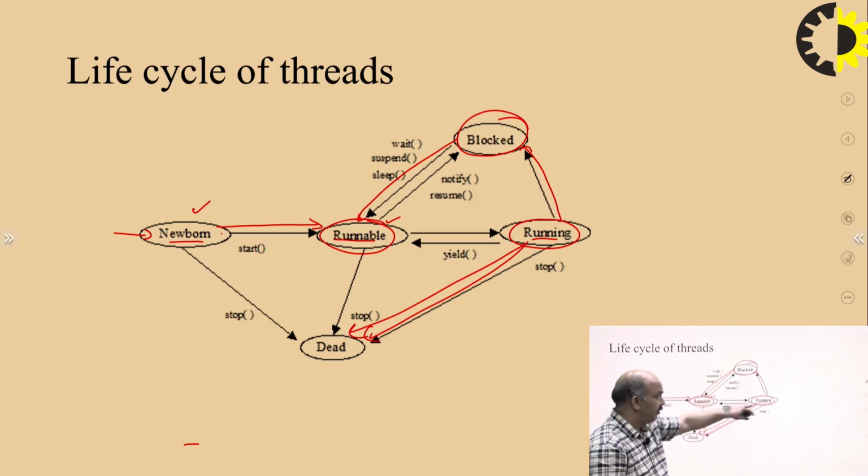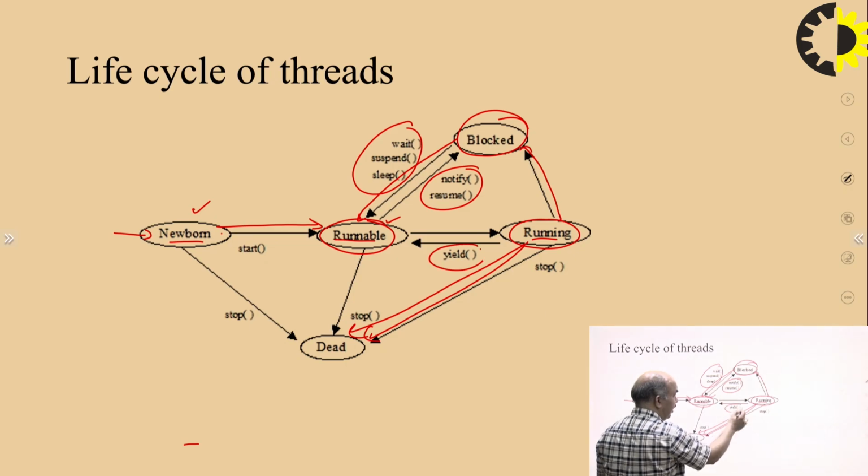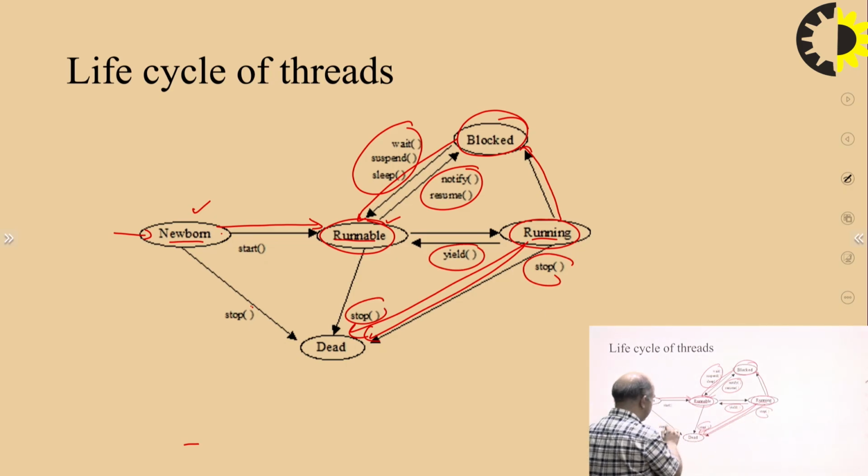If threads are not successfully executed and need further resources, then they move to the blocked state. At that blocked state, another thread moves to the running state in order to execute its task. So, this is the life cycle. Now, there are other things we will see.